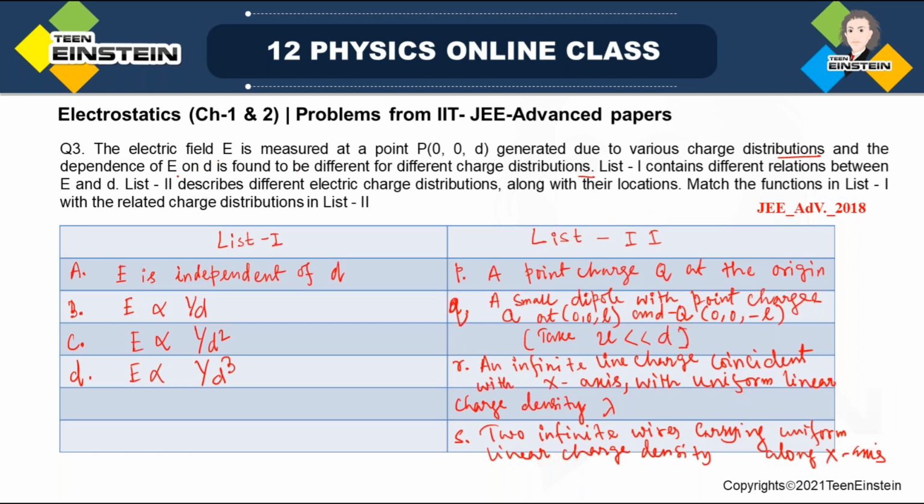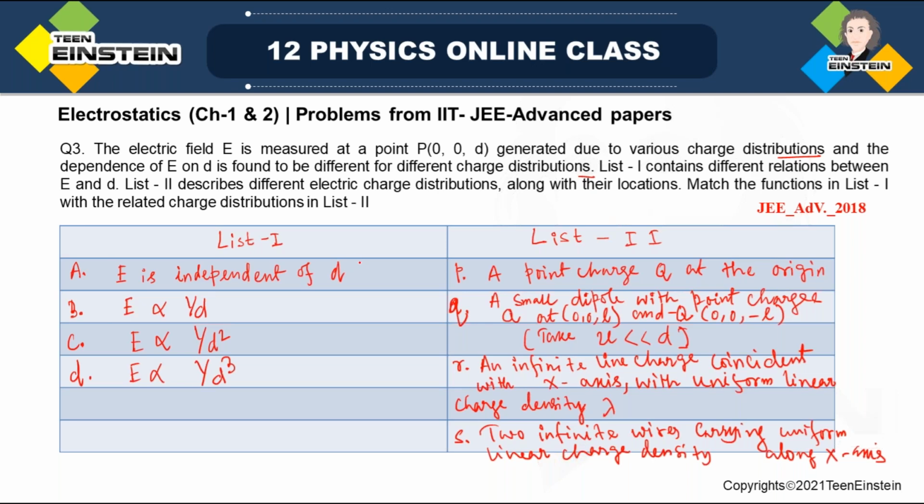All right, let us see. Here, E is independent of D. Electric field is independent of distance only for an infinite plane charge, having surface charge density sigma.